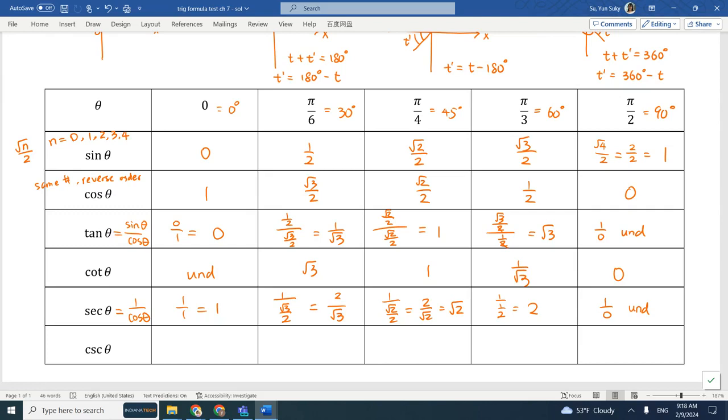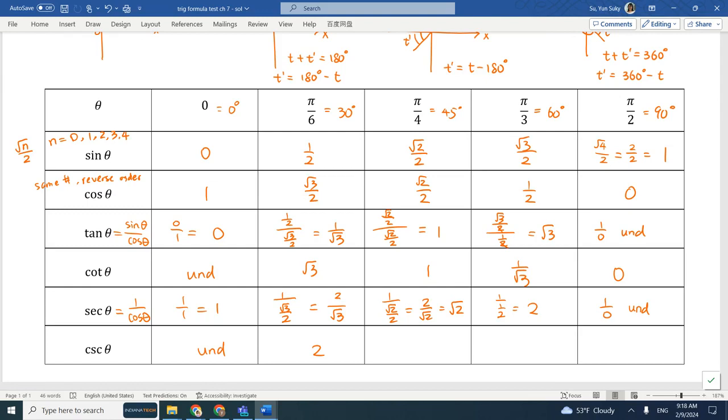Okay, cosecant. Yes. But for the numbers, we can look at the secant and reverse the order. So we get undefined, then 2, then the next one. See? 2. This goes here, and this is 2 over square root of 2.